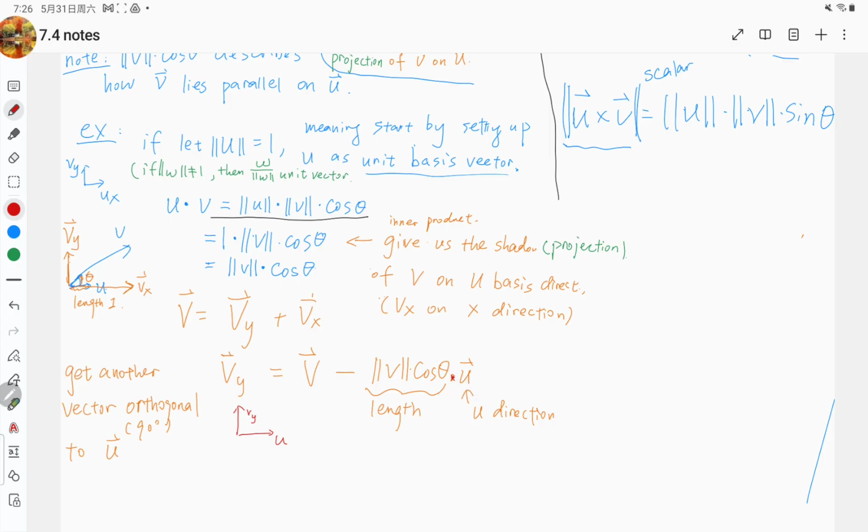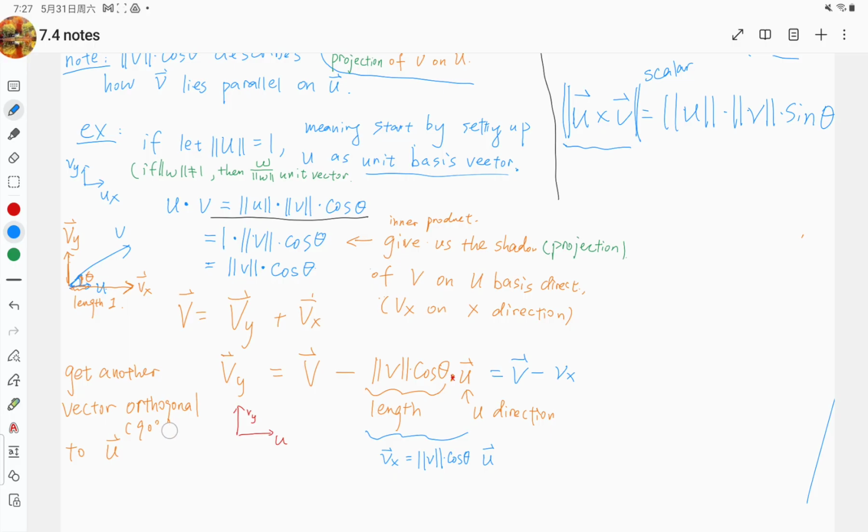So this is actually just v minus vx. This is saying that vx is in the same direction as u, so that's why you write u down, and then the length of this vector is the norm of v times cosine theta, right?